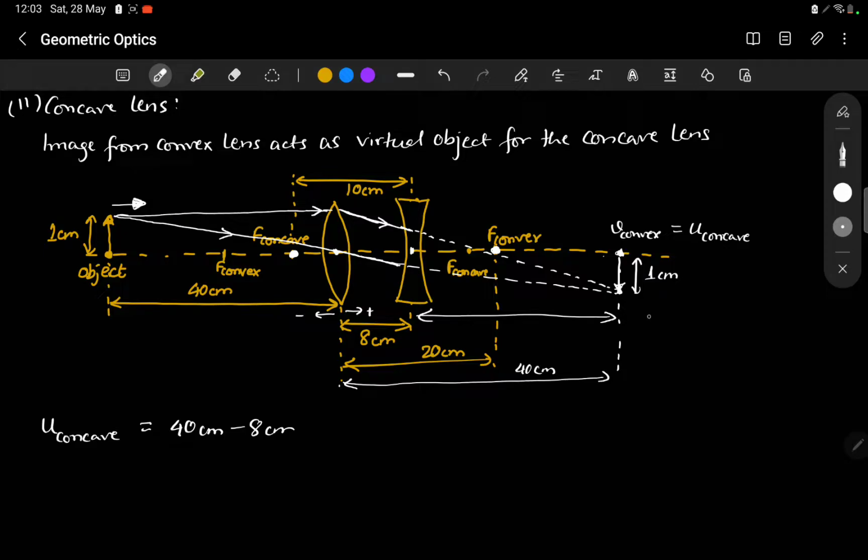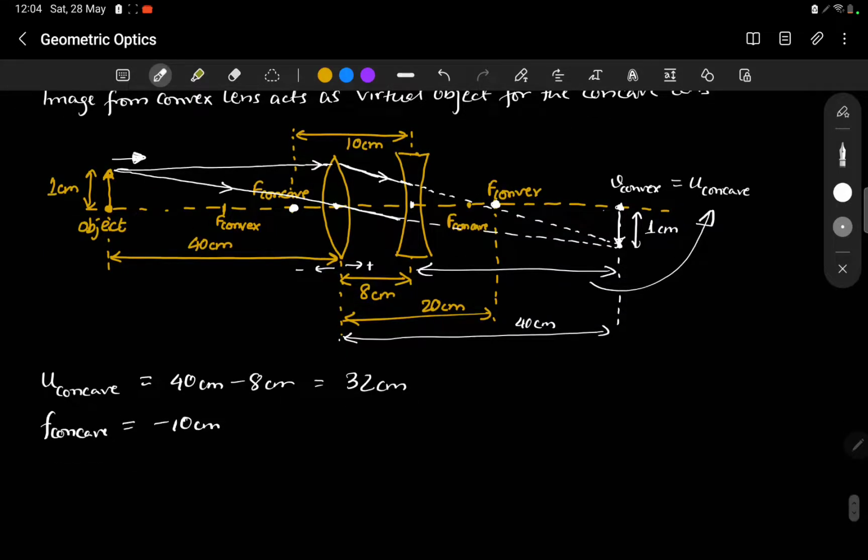This is our object distance, so this is 32 centimeters. Focal length of the concave lens is given as minus 10 centimeters. So let us put it in the thin lens formula.